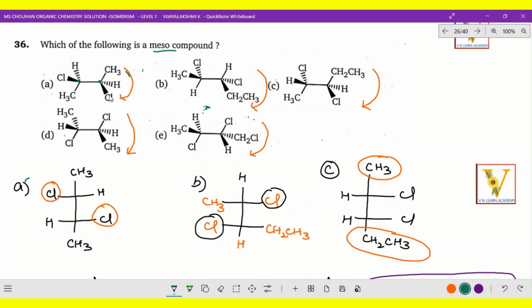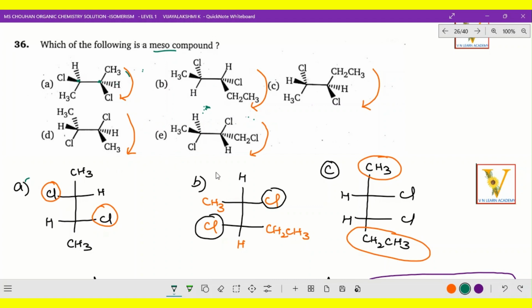When it is rotated, wedge and dash will totally be reversed. Wedge means we are rotating, so naturally it is just the opposite. The dash position will come here, and the wedge position will come here, and CH3 of course there is nothing, so I just put it down. I hope you got the clarity.